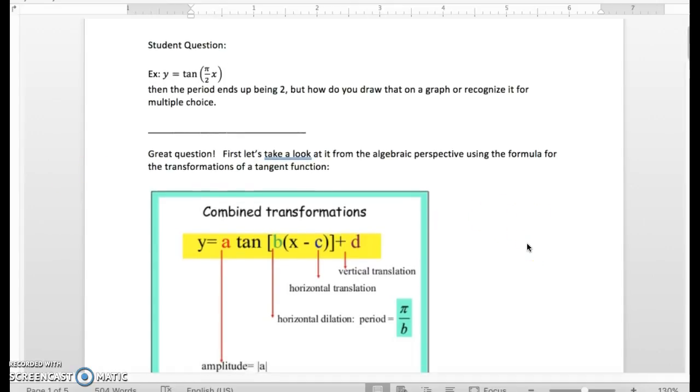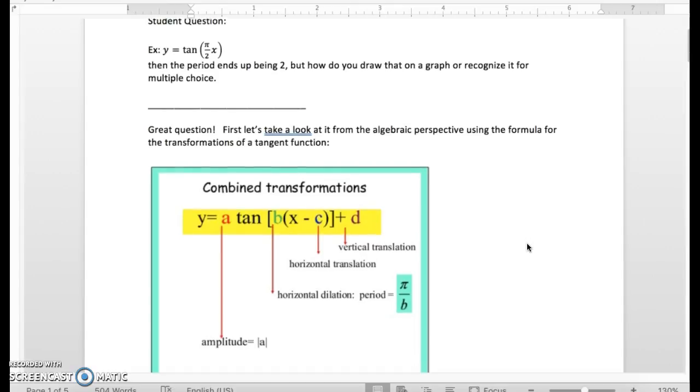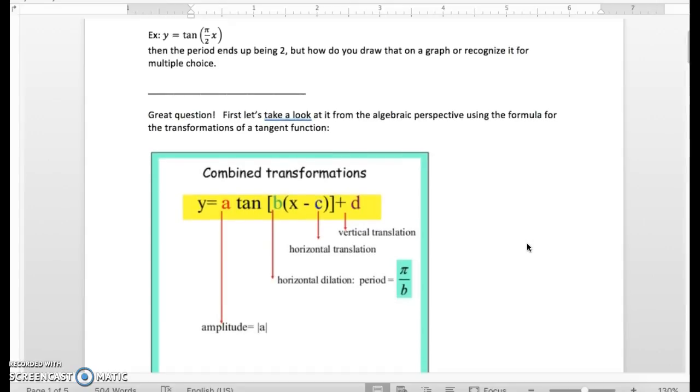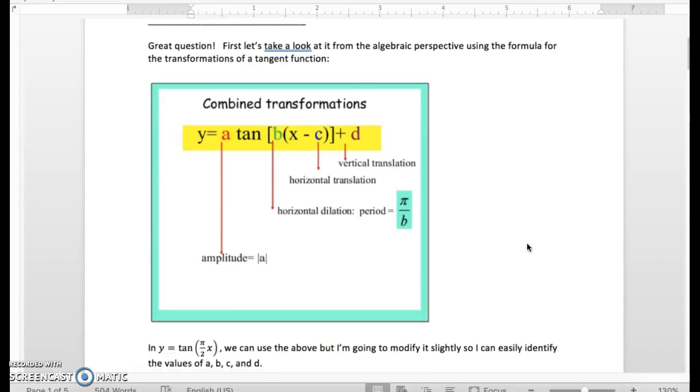First, let's take a look at it from the algebraic perspective using the formula for the transformations of a tangent function. Keep in mind that if you have a function that's sine or cosine, it would be different than this.